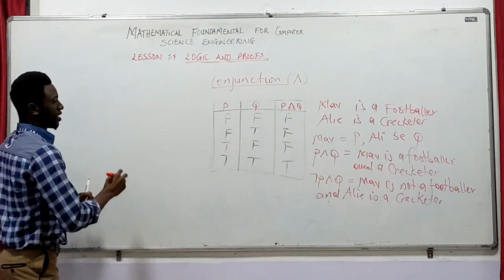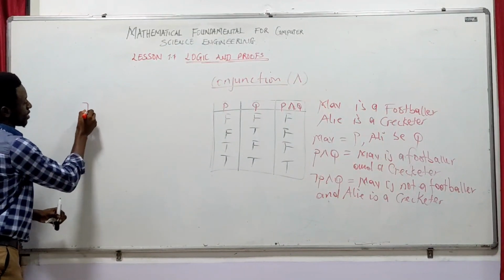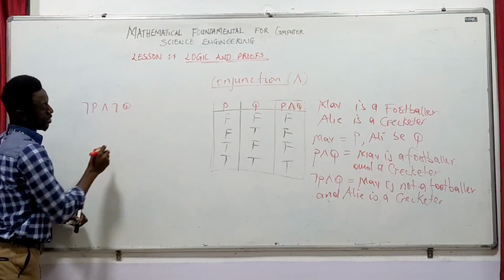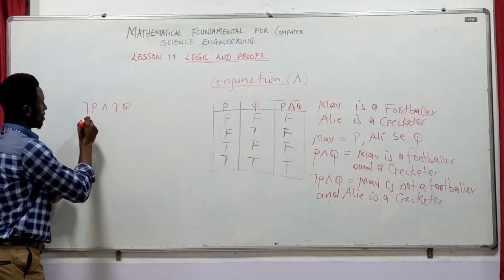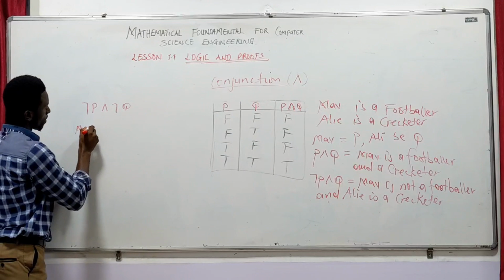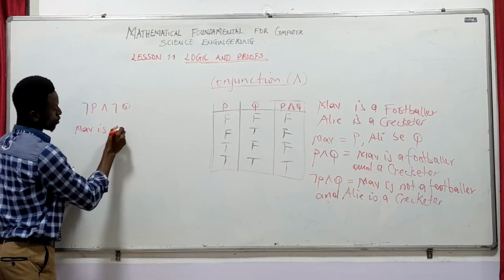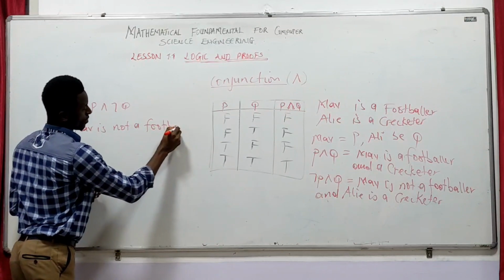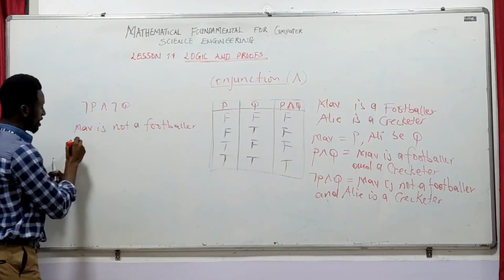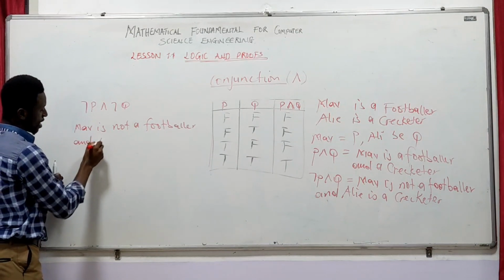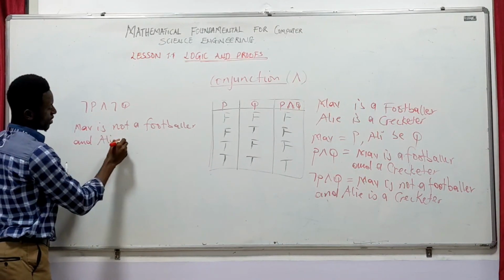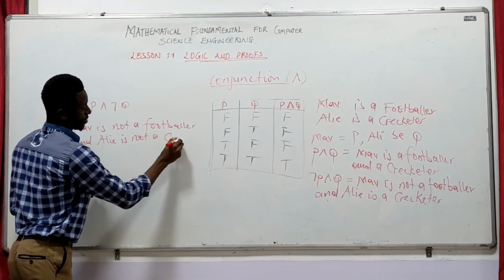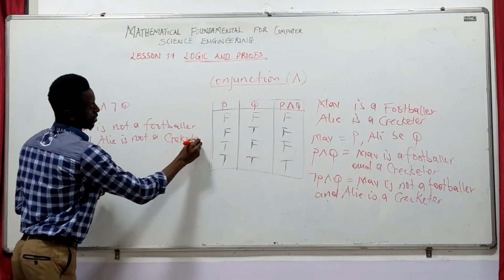Then again, let's say not P and not Q. This statement means Marv is not a footballer and Ali is not a cricketer.